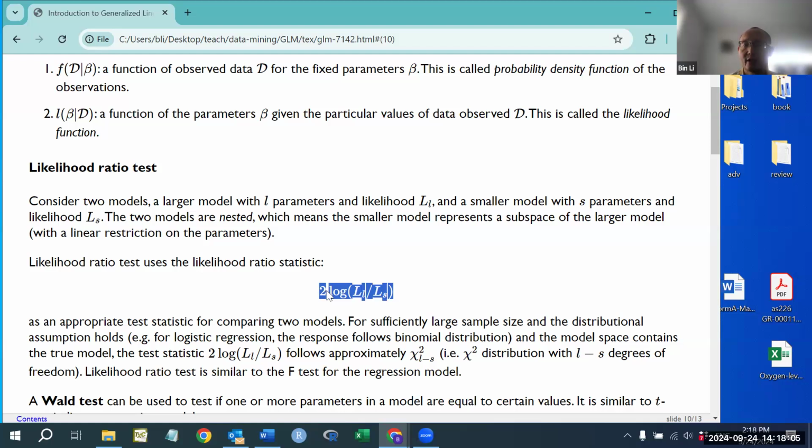For example, if these models are logistic regression models, we should assume the binomial distribution for the y holds. In that case, this statistic should follow approximately a chi-square distribution with the degrees of freedom L minus S. L is the number of parameters for the large model. S is the number of parameters for the small model.